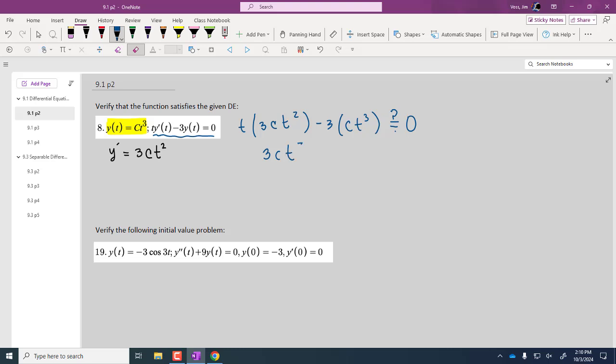So let's just see if that simplifies properly. Sure enough, we get 0 equals 0. So therefore it checks, that is in fact a solution. That's all it means to be a solution to a differential equation.